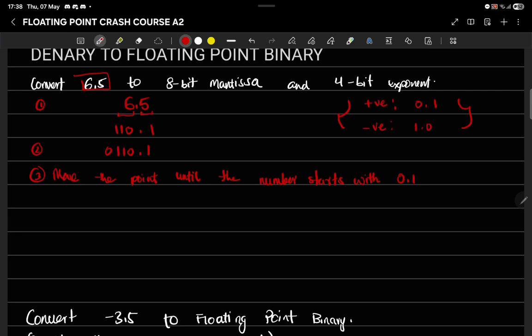So keeping this rule in mind, we move the point until the number starts with 0.1.